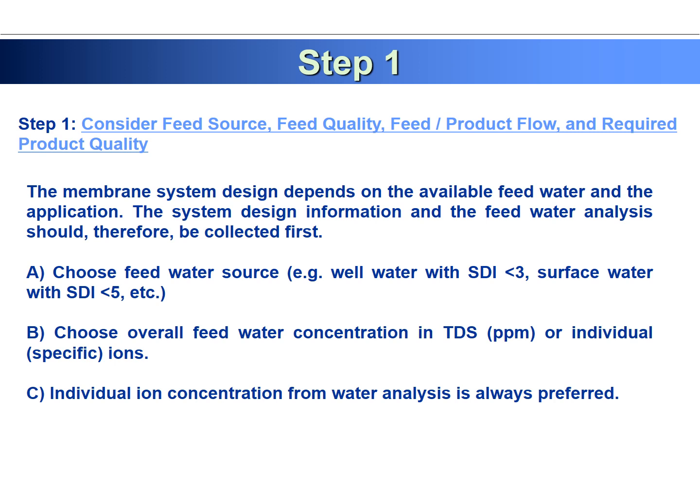If you want to design your RO system, you first go and get your target water and give it to an analytical center for water quality, and they can easily measure some basic parameters, such as choosing the feed water source: well water with SDI less than 3 and surface water with SDI less than 5. We already discussed SDI in our first lecture videos.